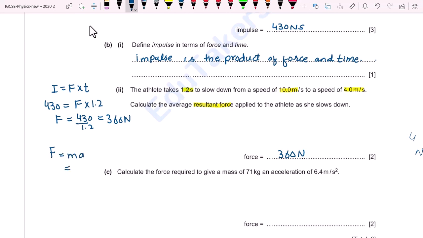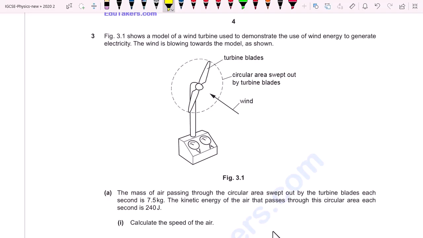Mass is given as 71 multiplied by acceleration 6.4 meters per second squared. After multiplication I get 450 newtons. So force comes to be 450 newtons.